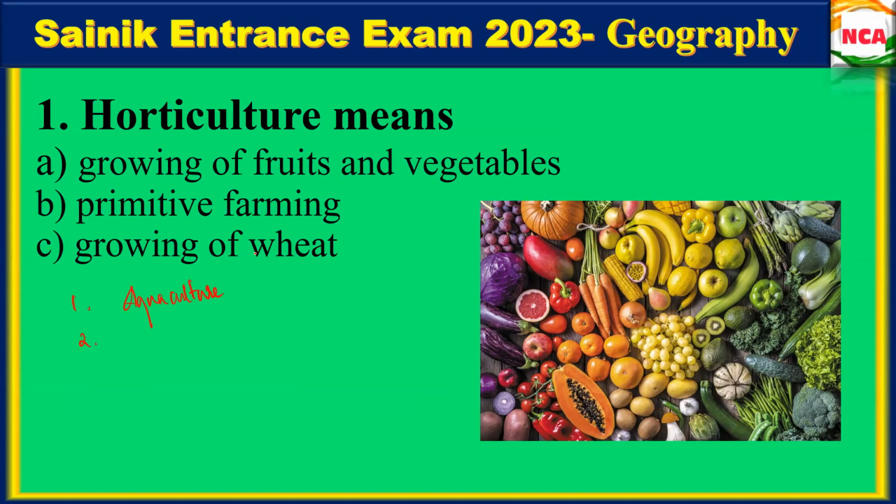Ma'am, growing of fruits and vegetables. Yes, horticulture is that. Ma'am, fishes. Then aquaculture is fishes. That is aquaculture. Yes, okay, fine, good.